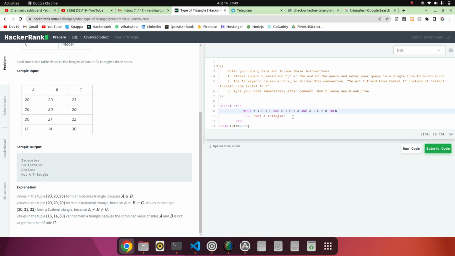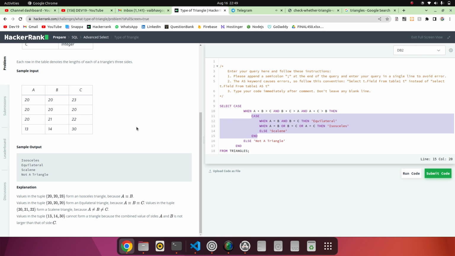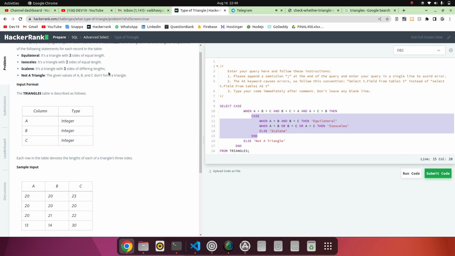Now we will see the three conditions which apply to a triangle. These conditions matter only if it is a triangle; if it is not a triangle, we don't need to check them. So if these three conditions are satisfied, then we check which type of triangle it is. Here also we take CASE and END blocks. In the WHEN condition, if a equals b and b equals c, then equilateral triangle.